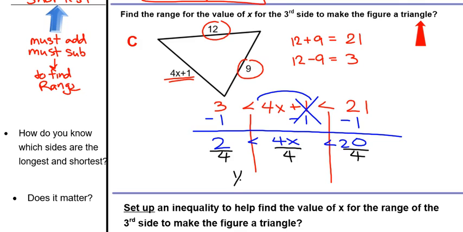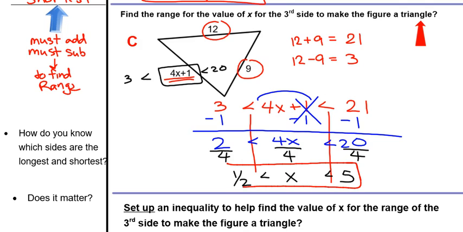And I get 1/2 less than x less than 5. If x equals any number between 1/2 and 5, this guy right here will fall between 3 and 21. These are the values that will work for my inequality.